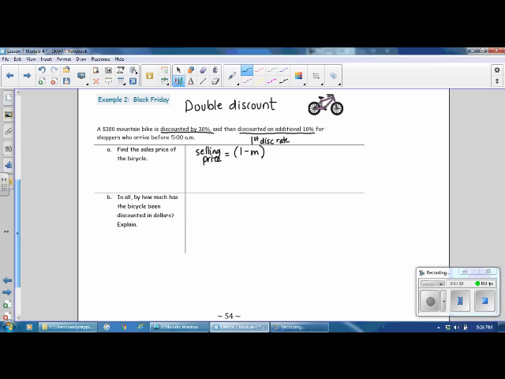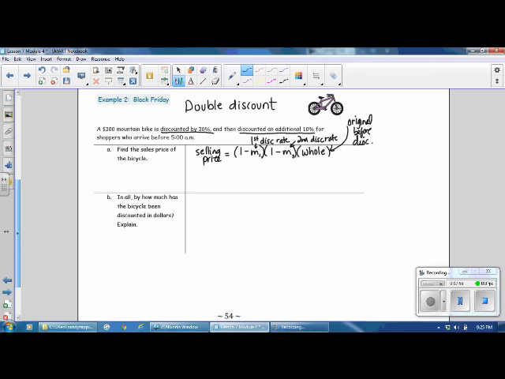Then there's a second discount, so we need to multiply that times 1 minus m, where this m represents the second discount rate. You might even want to call that M1 and M2, first discount, second discount rate. And then you multiply that times the whole. And remember that the whole is the original amount before the discount.